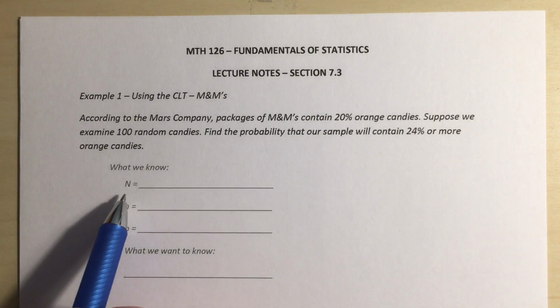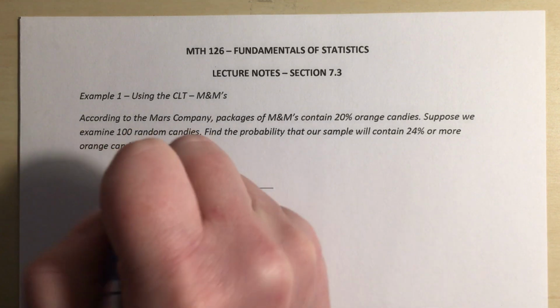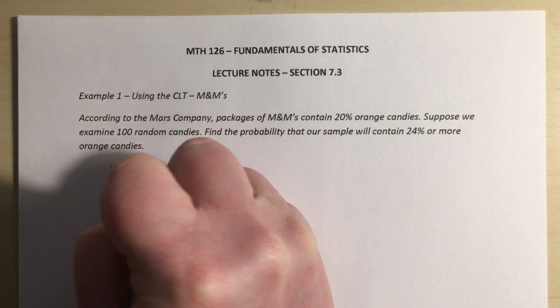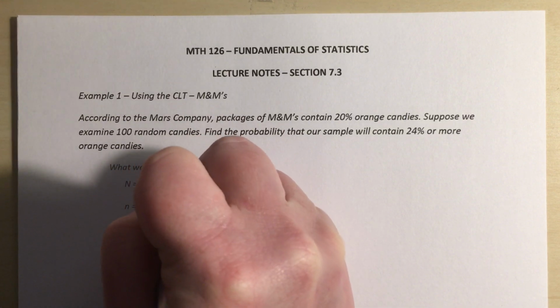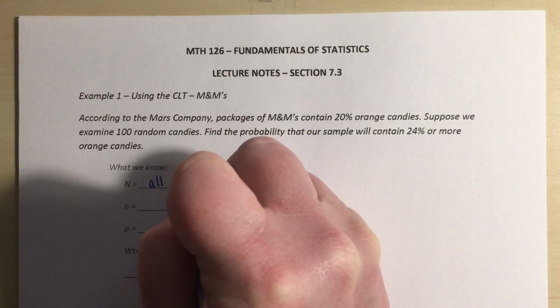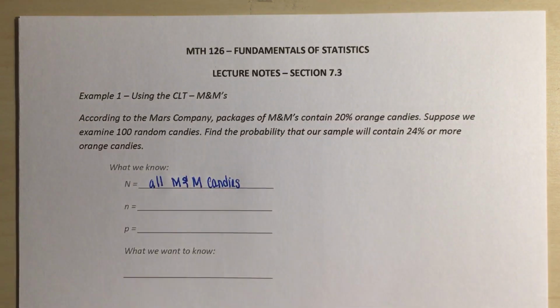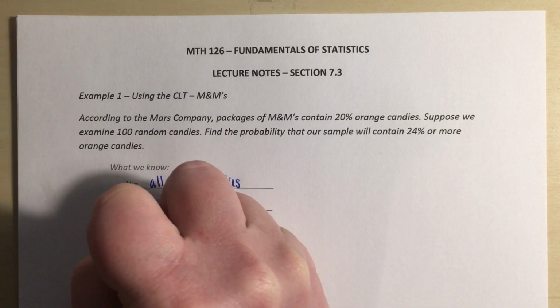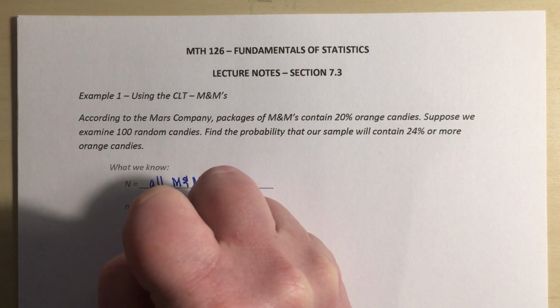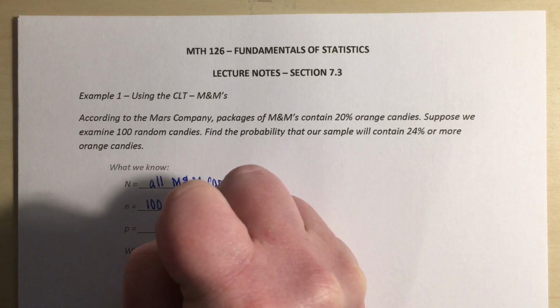So capital N, remember, is our population. So our population is going to be all M&M candies. Our lowercase n is our sample, and in our sample, there are 100 random candies.